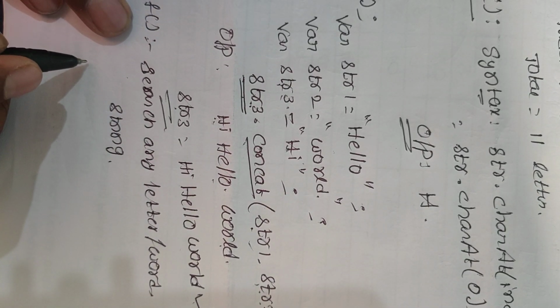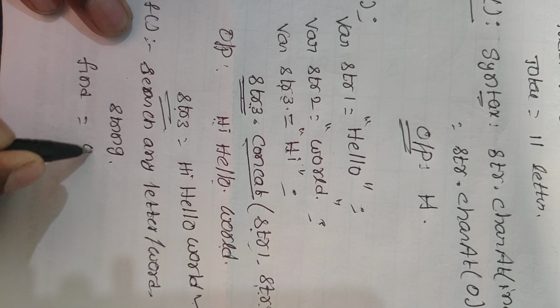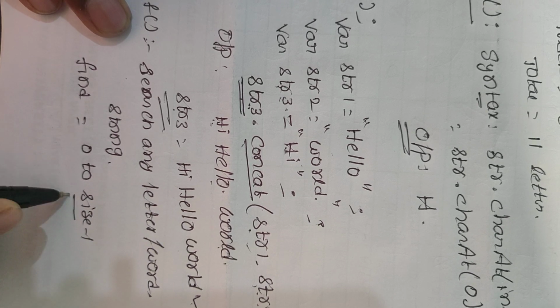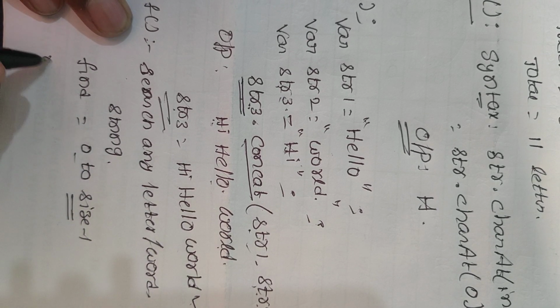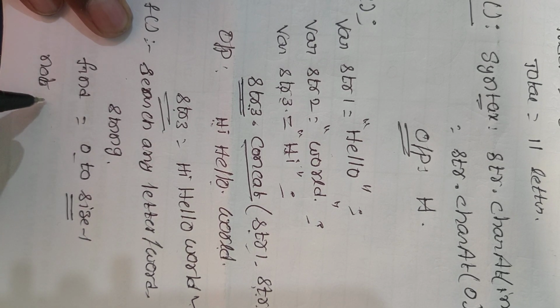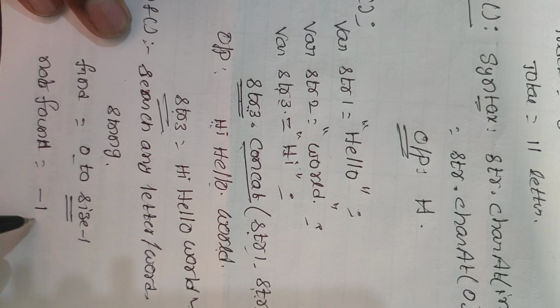If it is successfully found, it gives a value from 0 to size minus 1, that is, the index. If it is not found, then it gives -1.